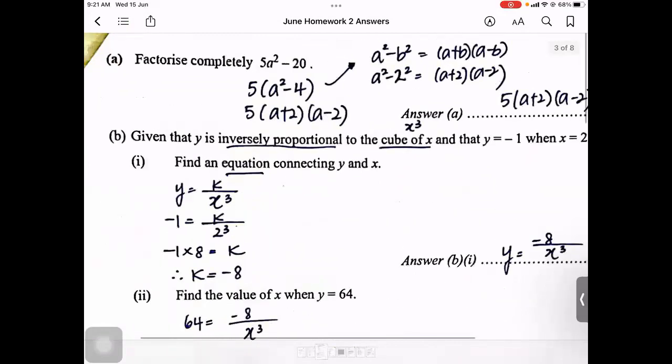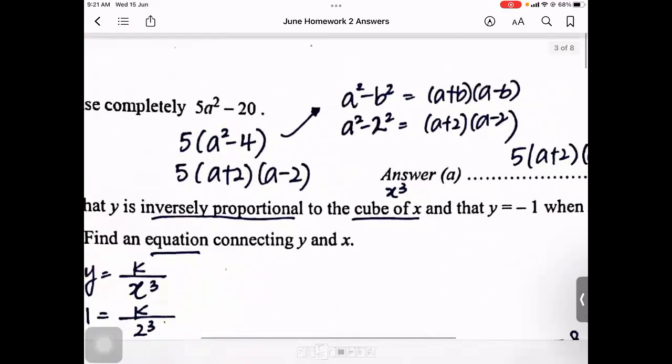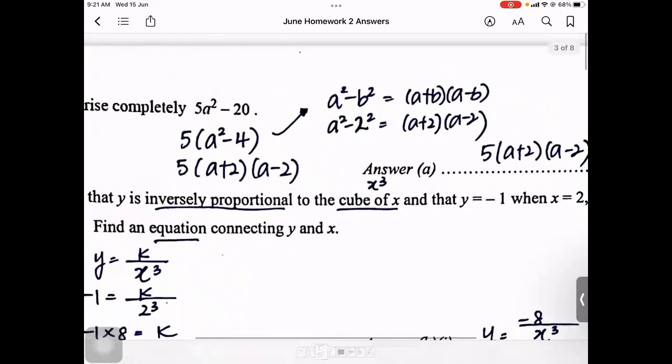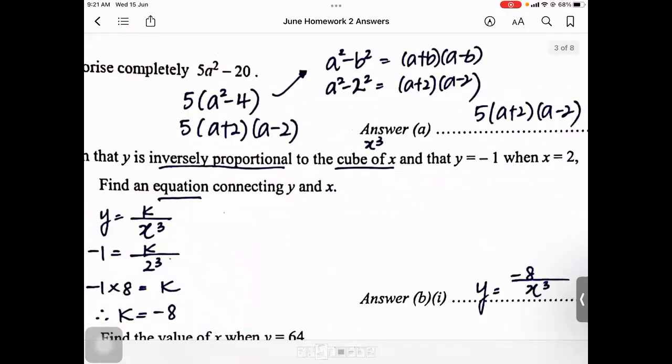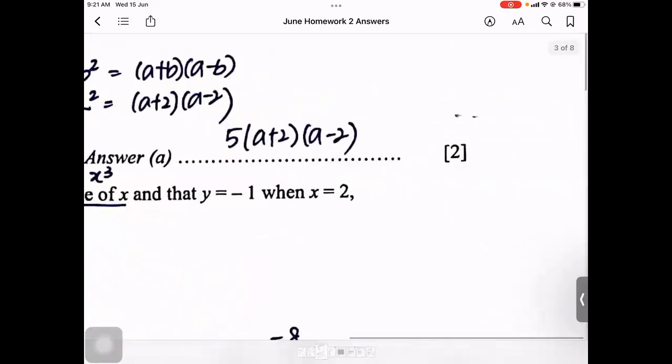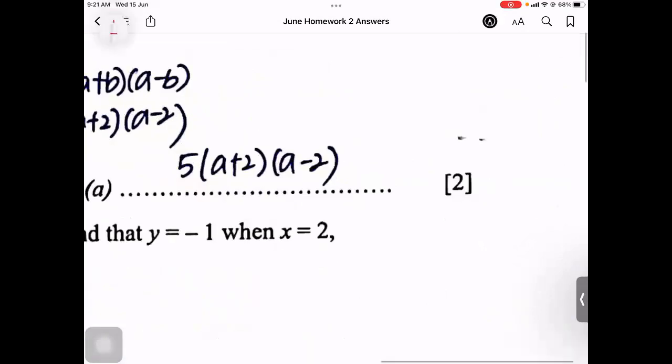Factorize this completely. Now you'll notice I'll keep repeating a bit of this, because this is one of the most popular TYS questions. Let's begin with a very quick revision of the different types of factorization that we can do.